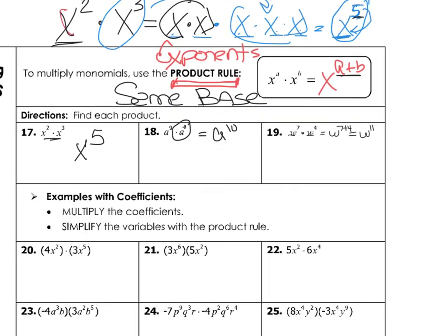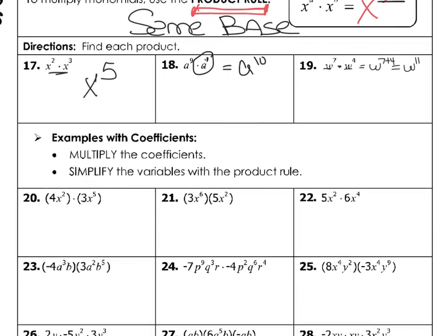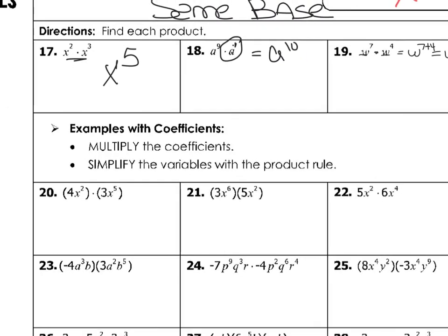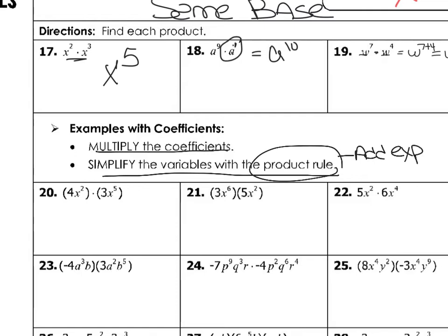Now, when you have coefficients, you multiply the coefficients and you simplify the variables with the product rule, meaning add your exponents. The exponents are only going with the base here. If I have 4x squared, that means 4 times x times x.